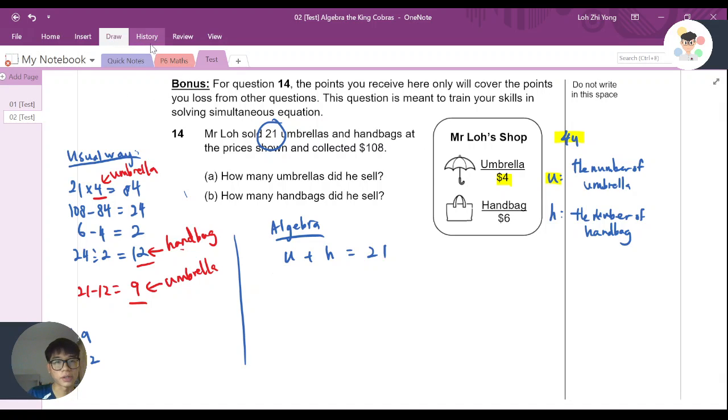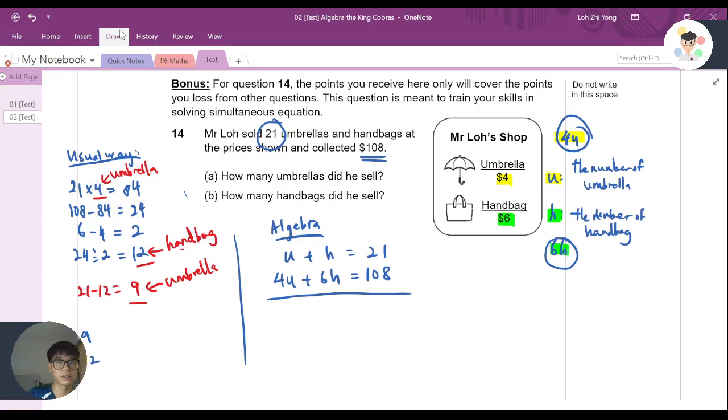I don't know how much I earn total for handbag, but if the number of handbag is H, each of it is 6, then what I have here will be 6H. And if these two total up, it will give us 108. So I just write here 4U plus 6H is 108.